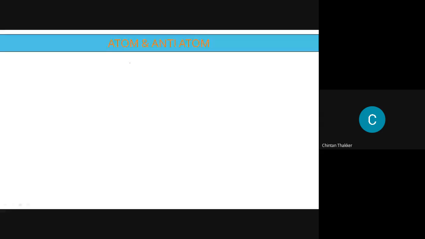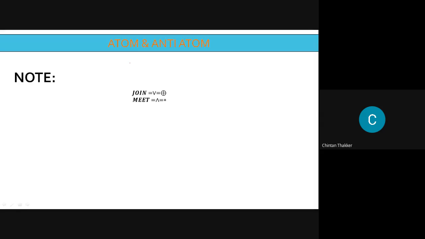Boolean algebra, atoms and anti-atoms. In Boolean algebra we have atoms and anti-atoms. For atoms and anti-atoms we require the join irreducible and meet irreducible. What are join irreducible and meet irreducible?